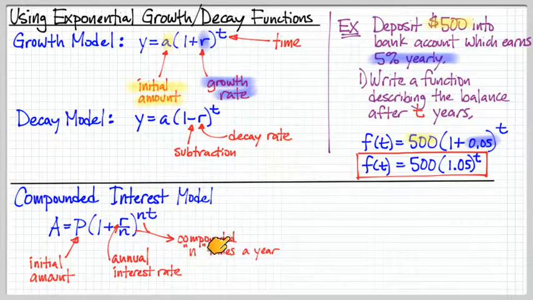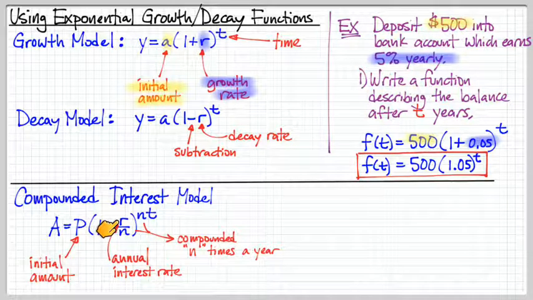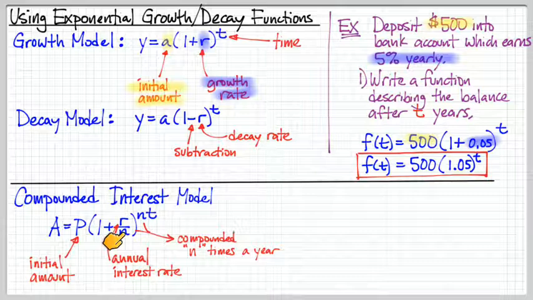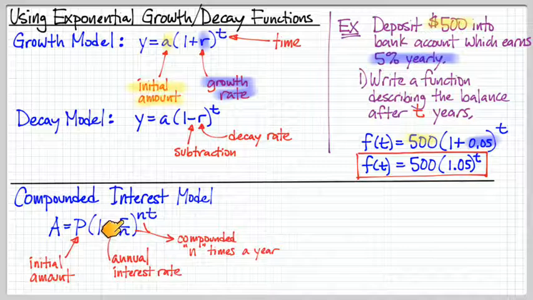That's what we call being compounded n times a year. So there's an annual rate of interest, maybe 5%, but we say n is 5, every 1/5 of a year we earn 1% interest, and that piles on top of each other.